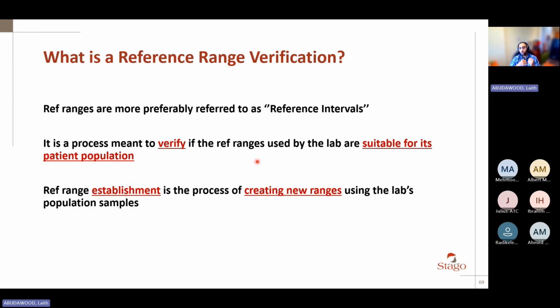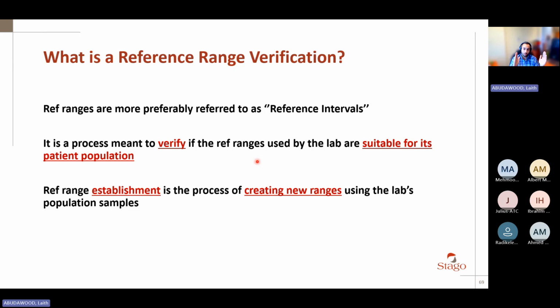So we have either verifying a reference range, meaning there is an existing range and I just verify that it is a good fit for my population, or establishing a new reference range, meaning I do not have a reference range to use, or I don't want to use what exists. I want to calculate a new range from scratch using my own population.